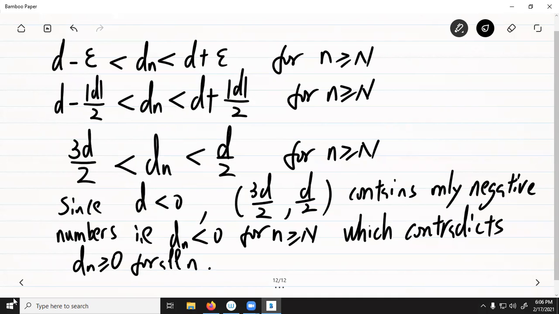So that means d must be greater than or equal to 0. So d is greater than or equal to 0.